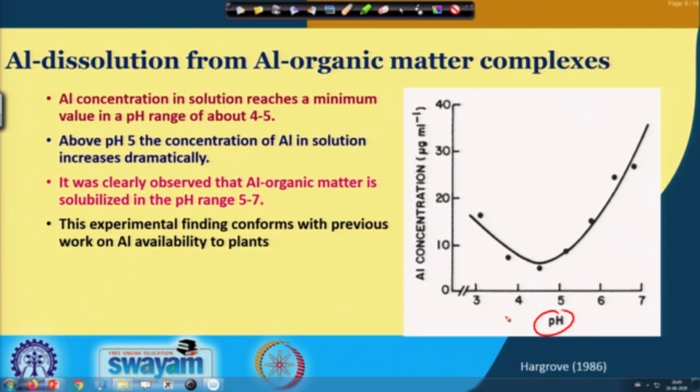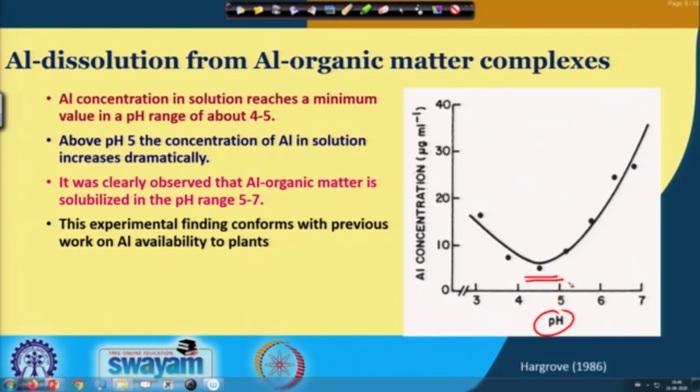This graph is showing aluminum dissolution from aluminum organic matter complexes. One thing is clear that aluminum concentration in solution reaches a minimum value in a pH range of about 4 to 5. So, in this region the aluminum concentration in the solution reaches a minimum value.